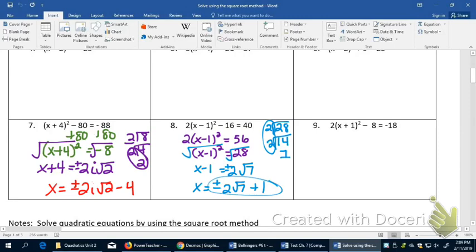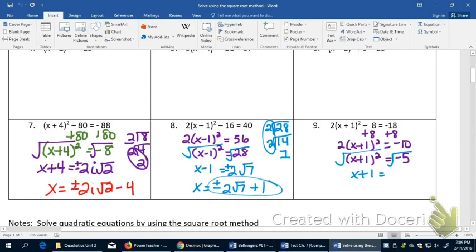Alright, so number 9. You're going to add 8 on both sides. And you're going to divide by 2. Now we have our part squared, so we can take the square root on both sides.